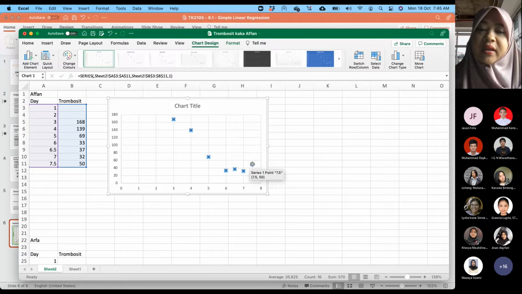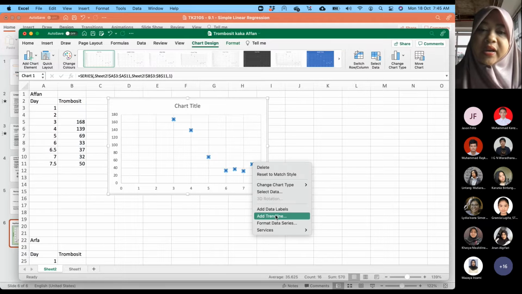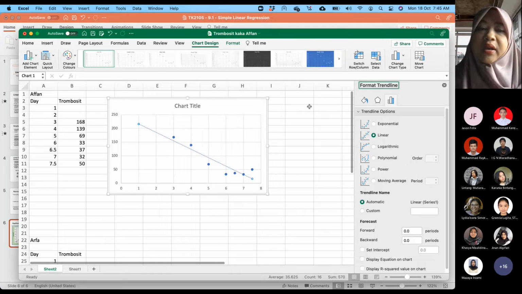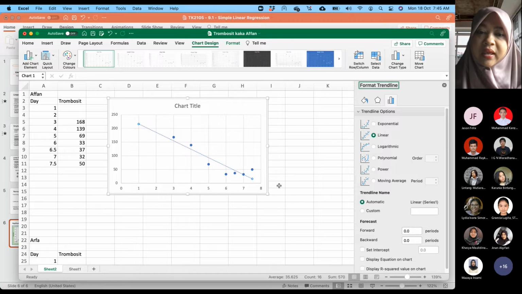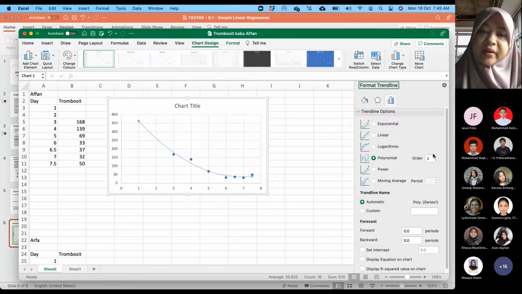Because here, if you right click, you can add a trend line. In the add trend line, you can click linear, and it would look like this. But you know what? I can see something good happening here because it's increasing. So I can use, for example, the polynomial, in the second order.